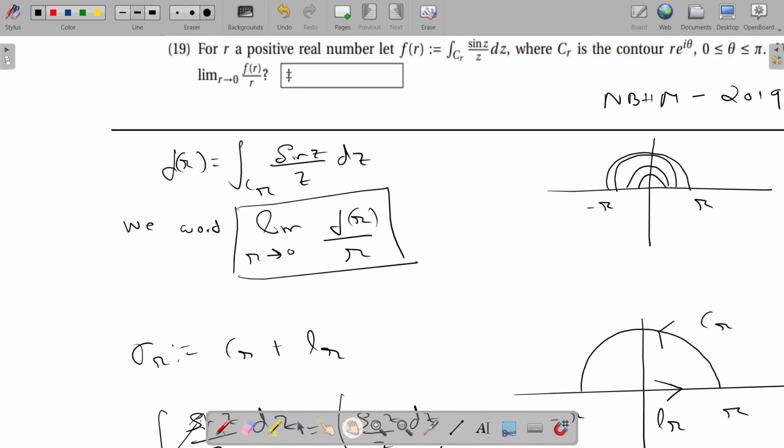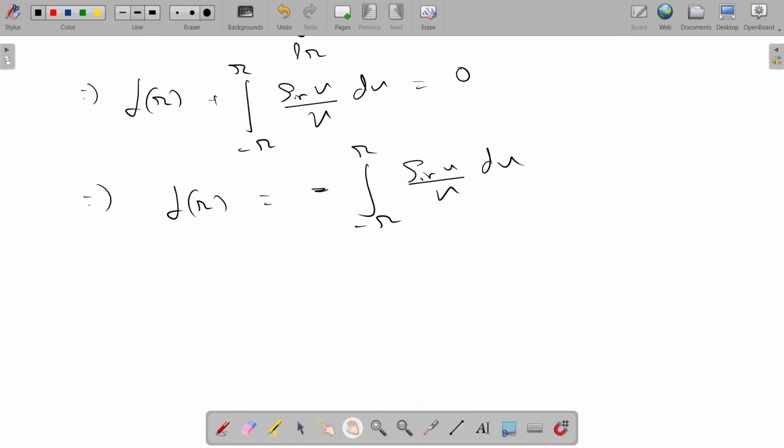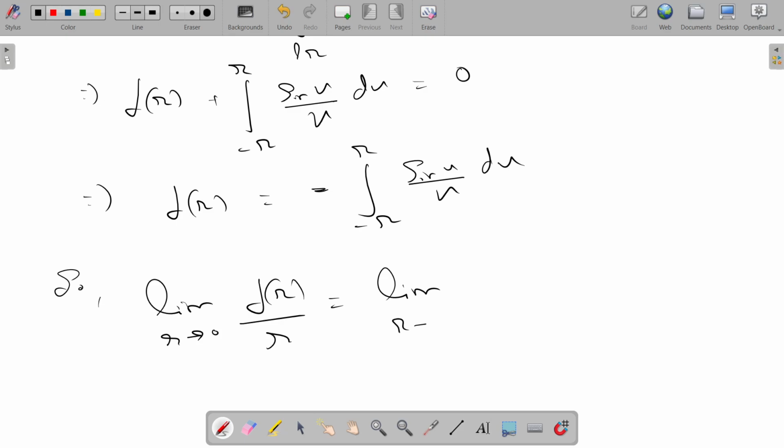Now, what is our main goal? Our main goal is to find the limit as r tends to 0 of f of r by r. So we divide by r and take the limit on both sides. Let me take the minus outside: this will be the limit as r tends to 0 of minus the integral from minus r to r of sin x by x dx, divided by r.